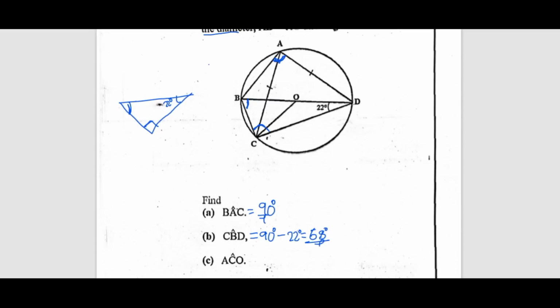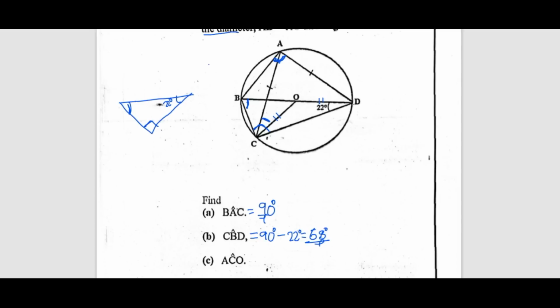Then ACO, this angle here. How can we find this angle? We know that the distance OD is a radius, and the distance CO is also a radius. So if we are able to find the angle ACD, we'll be able to find the ACO.